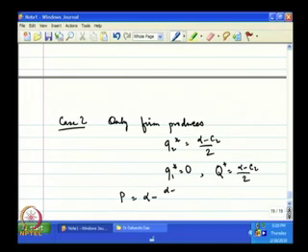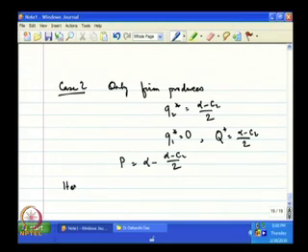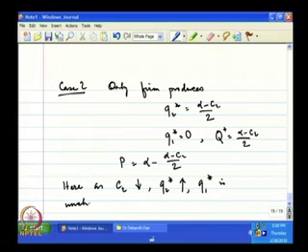Price is this much. So, here as C2 falls, Q2 star is rising, Q1 star is unchanged, capital Q star, that is total output, is going to rise, and P is going to decline as C2 is going to fall.